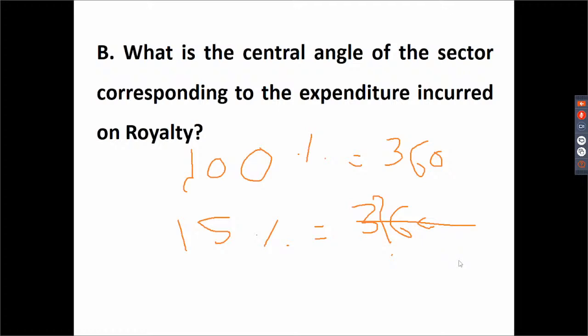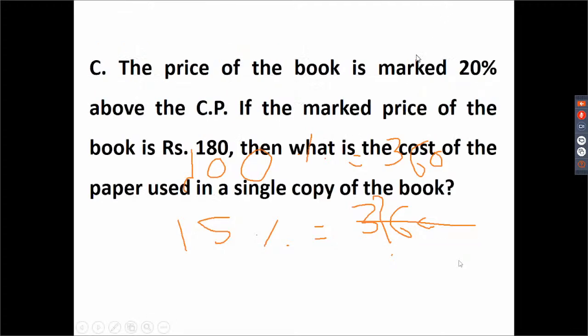Next one. The price of the book is marked, in profit and loss. We already explained this model. The price of the book is marked 20% above the CP.